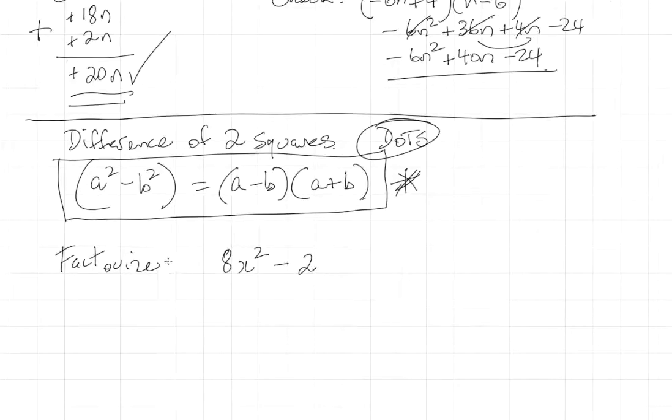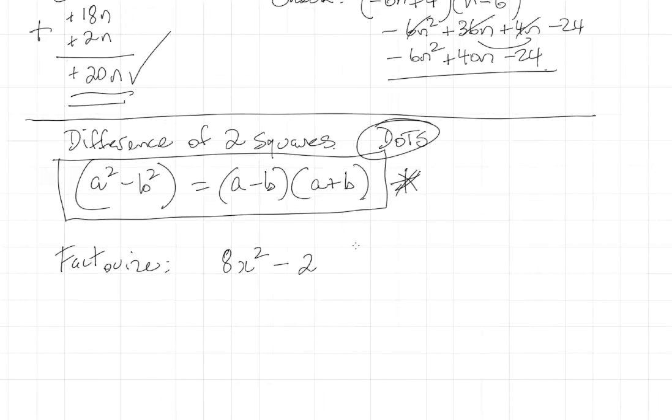We want to factorize that. At the moment you look at it and you say, well, if there was what we could call a trinomial, 3 terms in the expression, we could use the cross method, but here it is a quadratic.